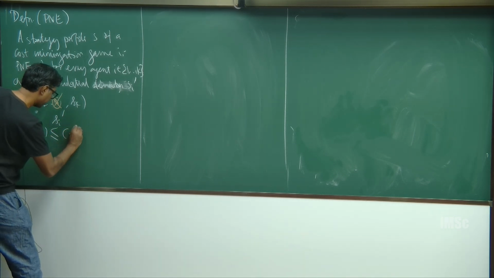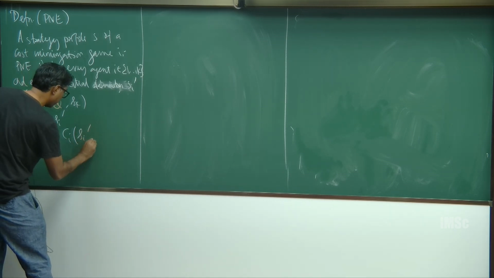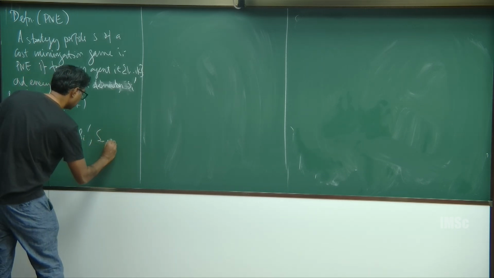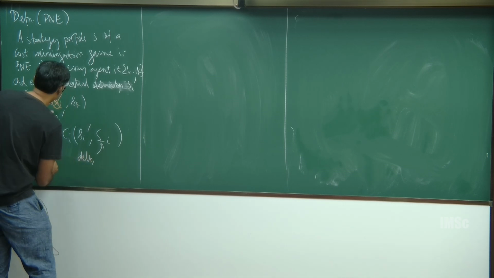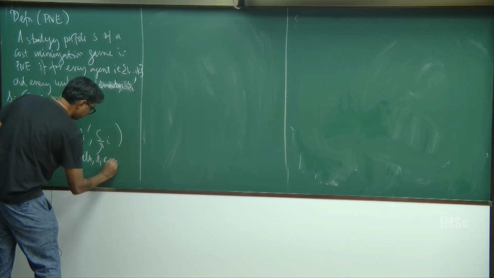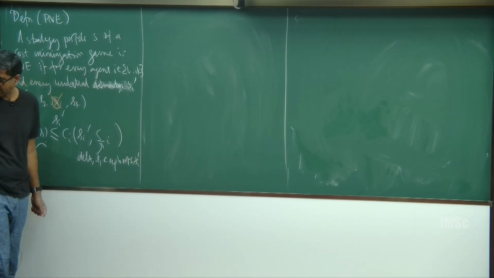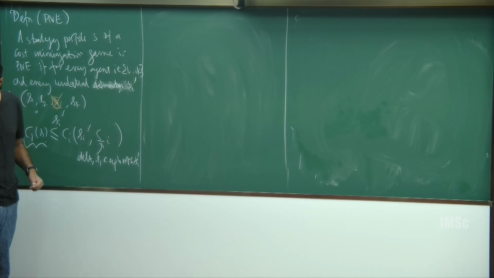This is what they write, Ci of Si prime, S minus I. So, basically this means you delete Si and replace it with Si prime. Is it correct, Sanjay? This is called pure Nash equilibrium.